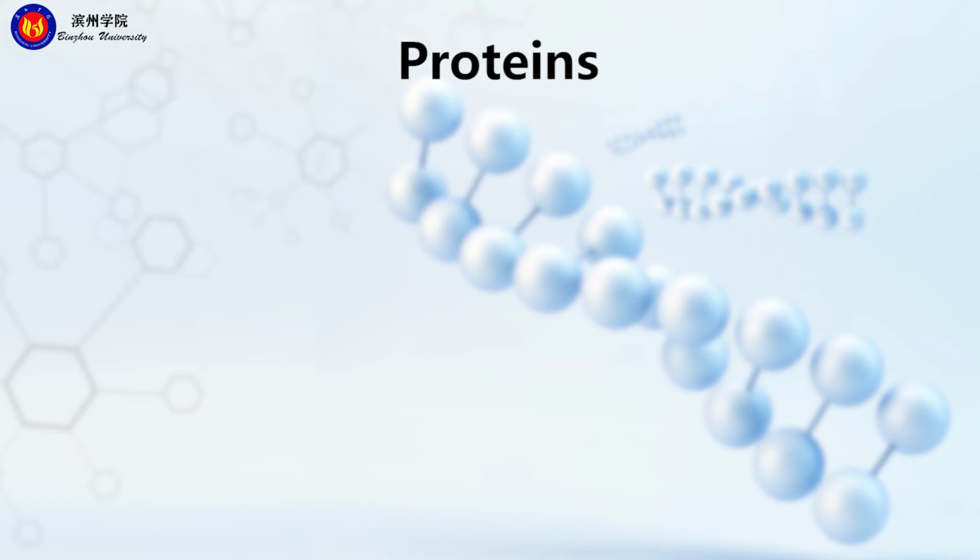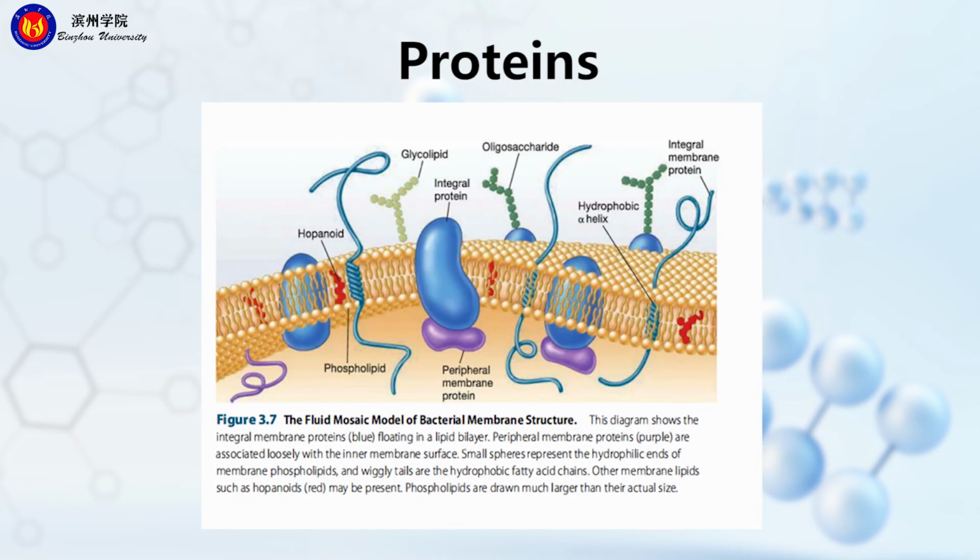Two types of membrane proteins have been identified based on their ability to be separated from the membrane. Peripheral membrane proteins are loosely connected to the membrane and can be easily removed.